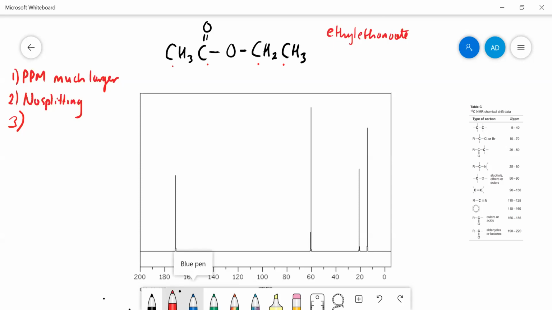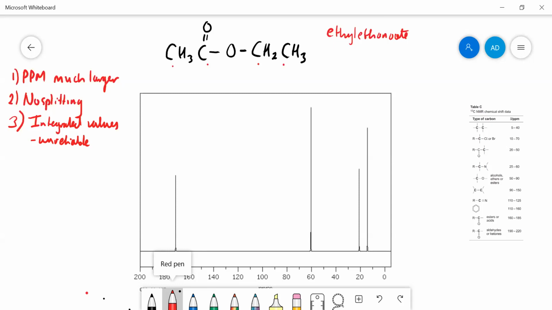The reason they're not the same height is that, unfortunately, the integrated values in 13C, and I don't know why, are unreliable. You can't use them to tell you how many carbon atoms you've got in an environment. So that's the 3 differences.